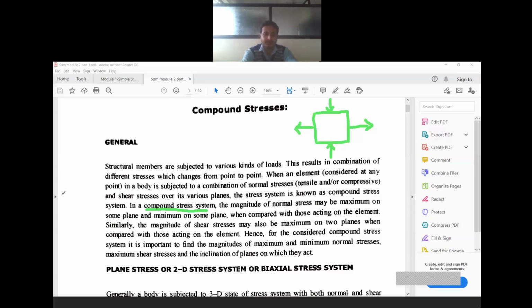Along with this, what if we have shear stresses as well? How will shear stress act? Shear stress will be acting tangential to the plane.